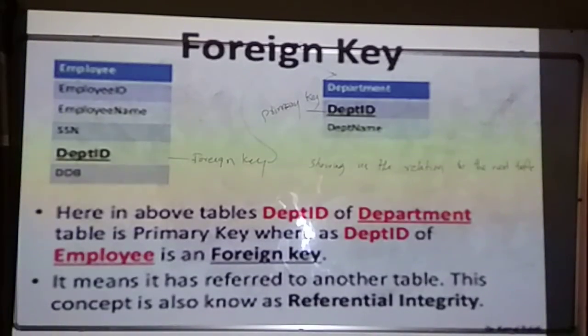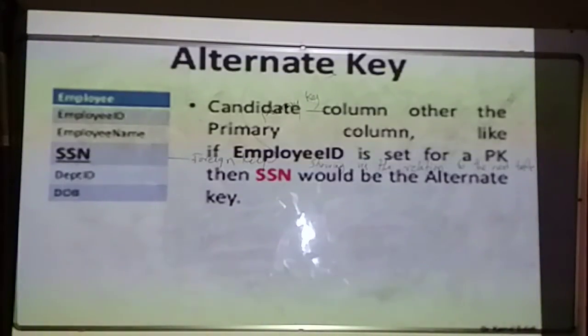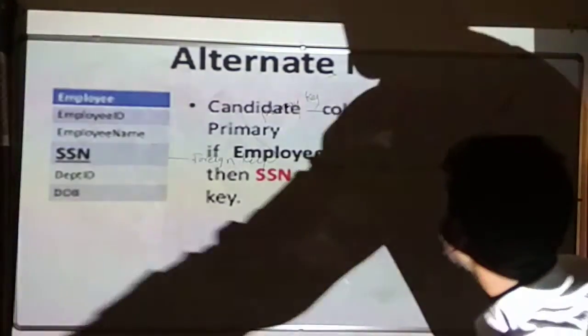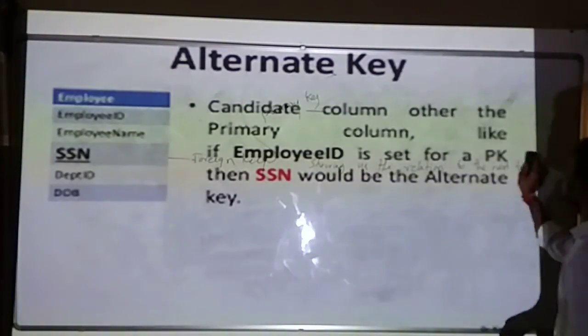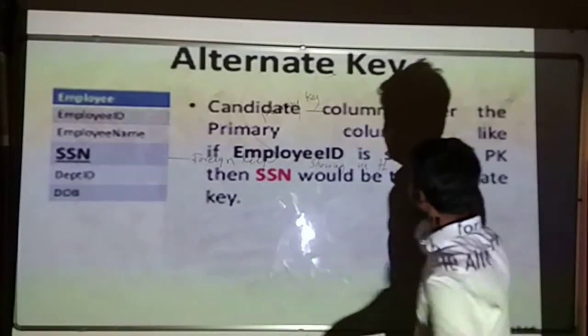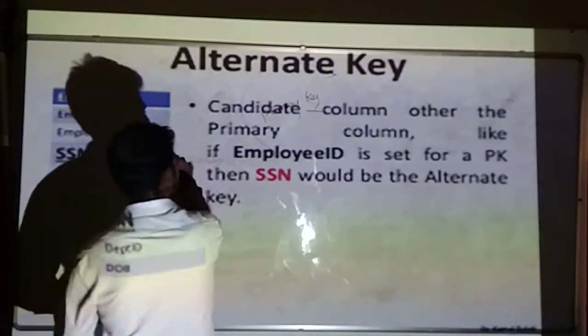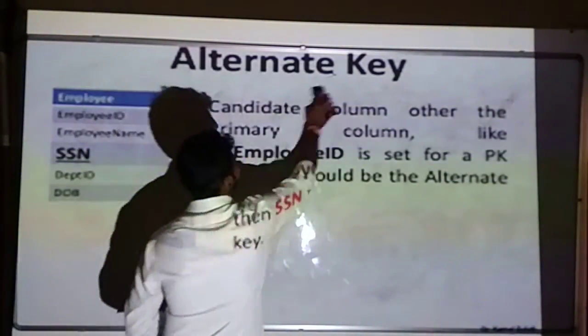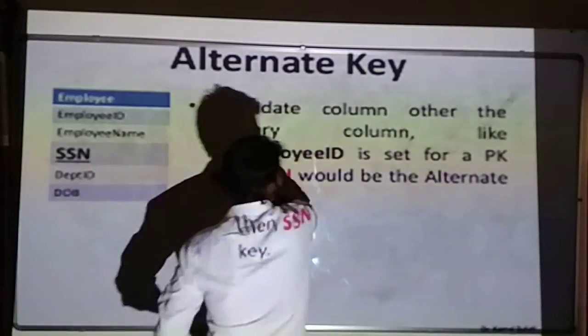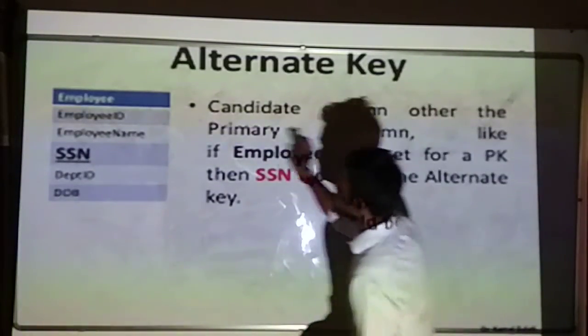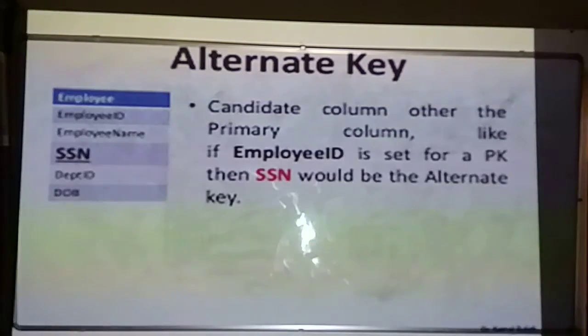And after this, you have one more key called the alternate key. Suppose there is no candidate key or primary key available in your table, then we go for a secondary key which will provide us the data. These are candidate columns other than the primary key.